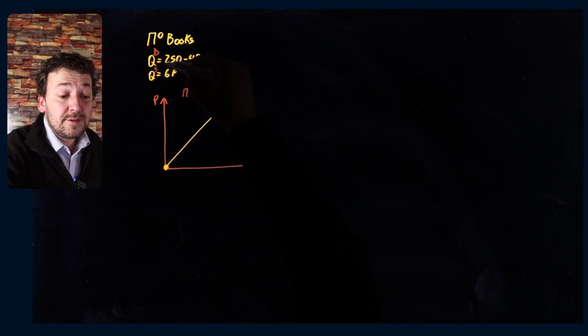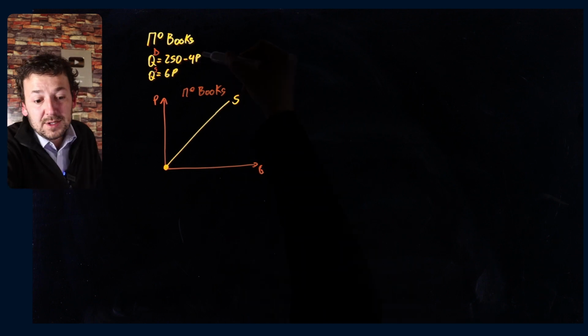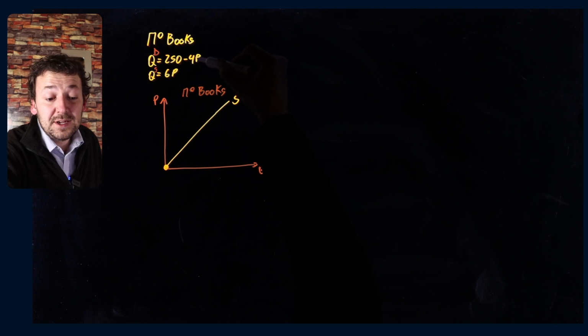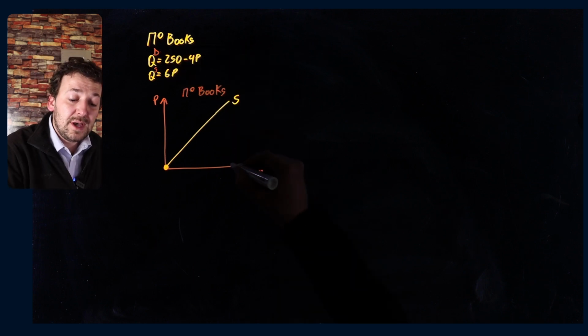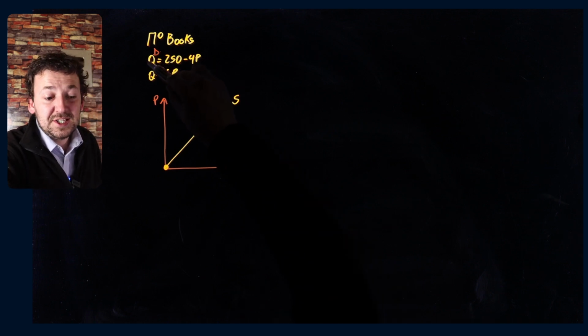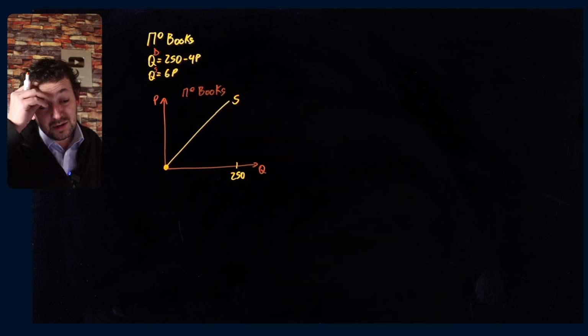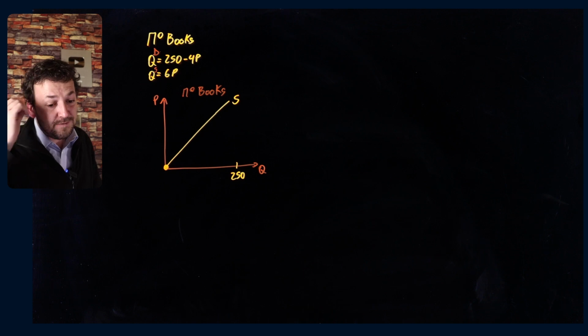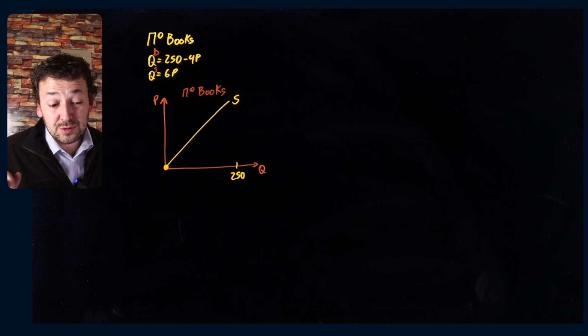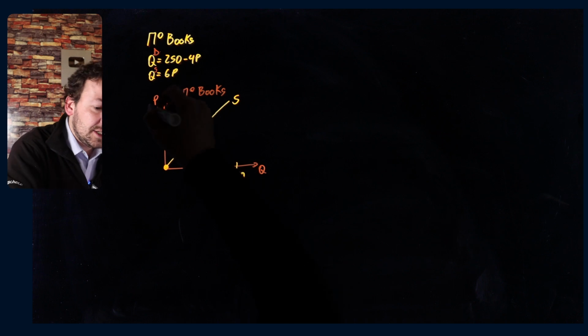Then we have to graph the demand curve. And for that we will say, what happens if the price is equal to 0? If the price is 0, the quantity demanded will be 250, right here. And if the quantity is 0, we will have that the price will be equal to 250 over 4, and that will be 62.5.